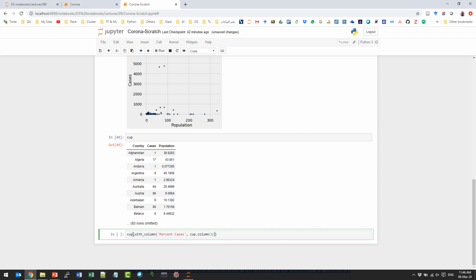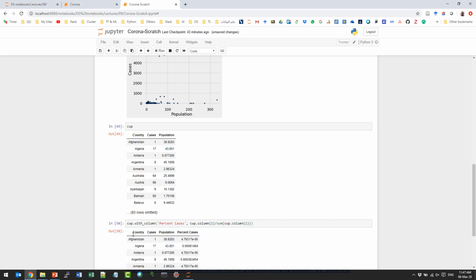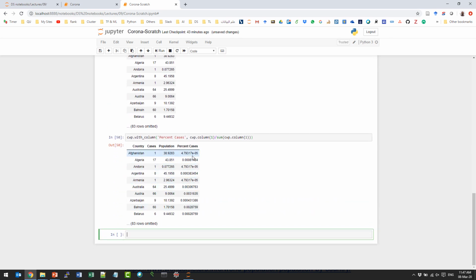That's easier. Divided by the sum of that column, right? Okay, are you following with me? If I do that, I will get a new column here, which is percent cases.